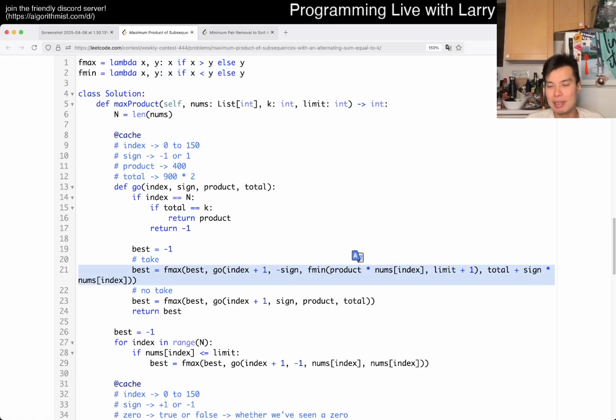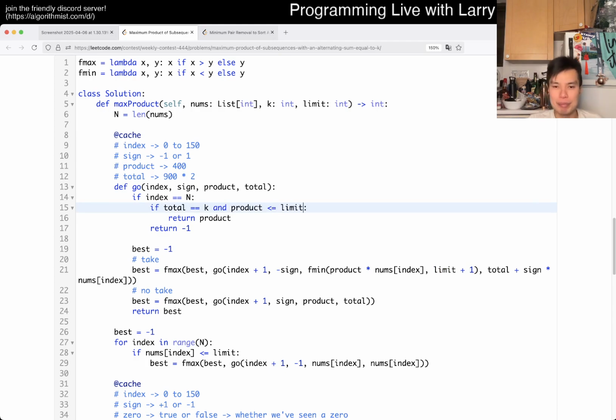But anyway, the reason why this works is that when product times nums of index goes over, it gets reset to limit plus 1. The reason limit plus 1 is good is that it dedupes all the cases in which you're already over the max. You can think of it as a flag that says the product is already too big. Then all you have to do is check if product is less than or equal to limit.